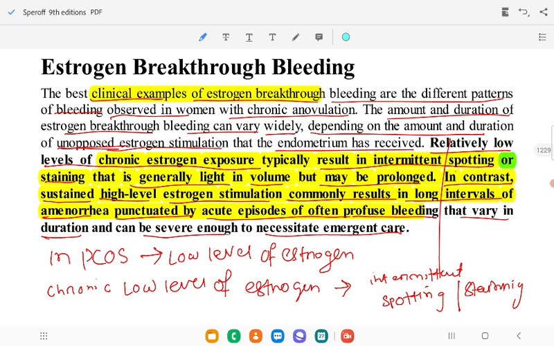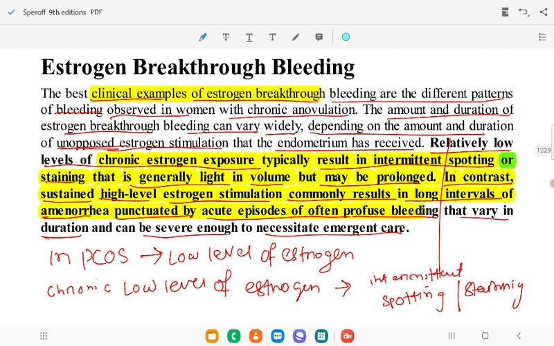But in contrast, a sustained, constantly high level of estrogen for a long time commonly results in a prolonged interval of amenorrhea followed by acute episodes of heavy, profuse bleeding that vary in duration and severity, severe enough to necessitate emergency care.